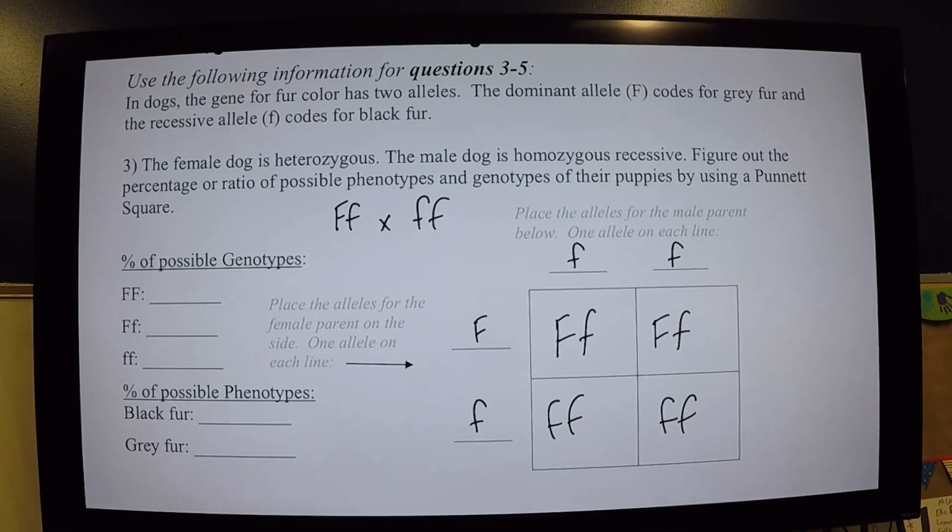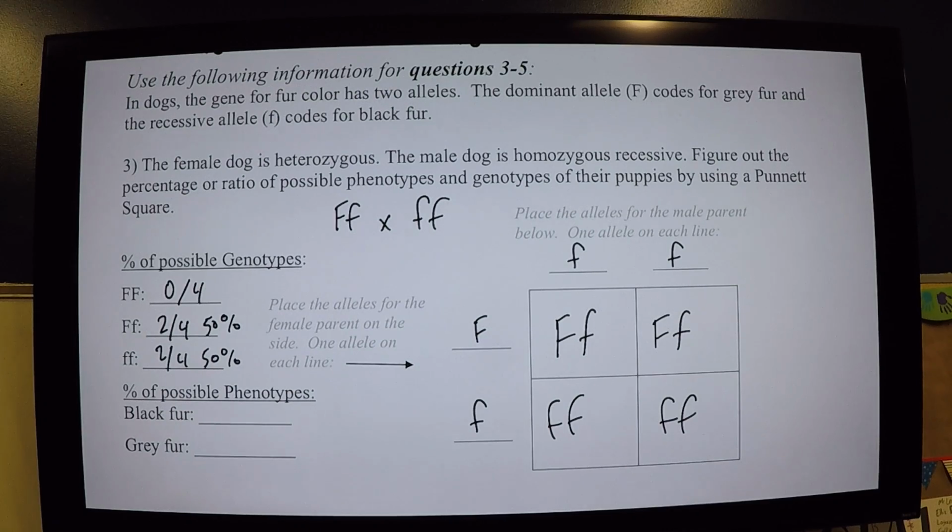So let's list out the possible genotypes. There were none of those, so you can put 0 out of 4, or 0%, that works as well. The other one you had 2 out of 4, that's 50%. And then the same thing here, 2 out of 4, or 50%.